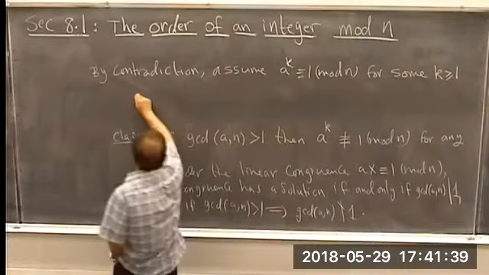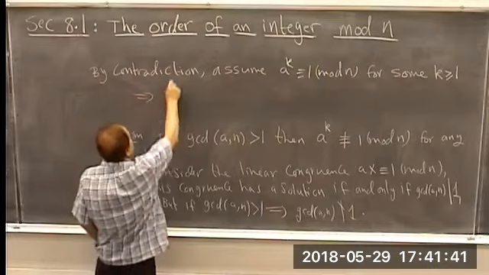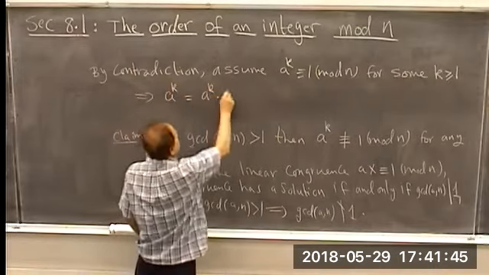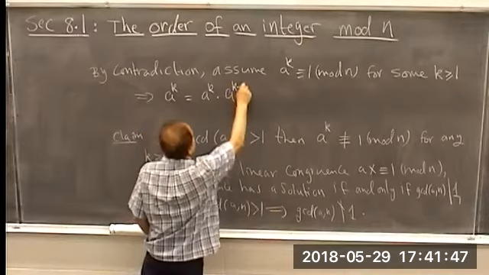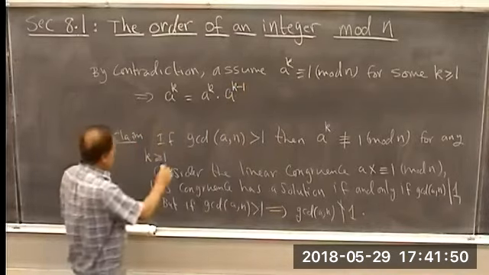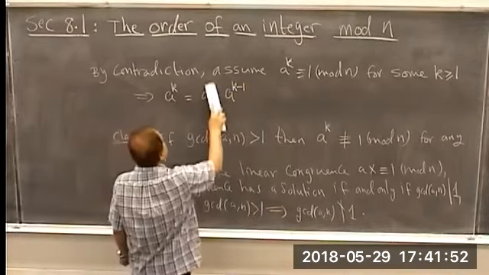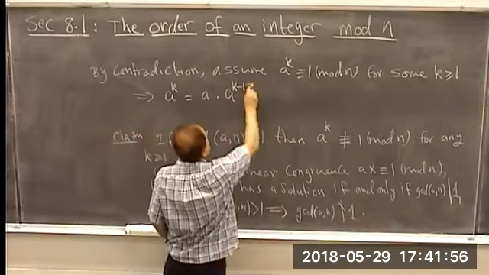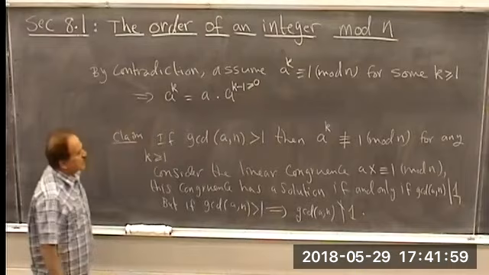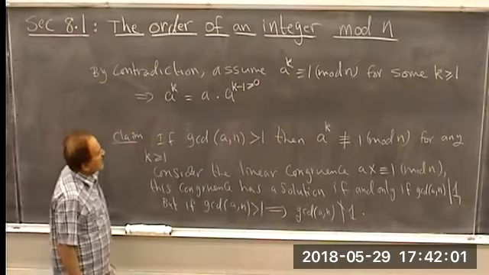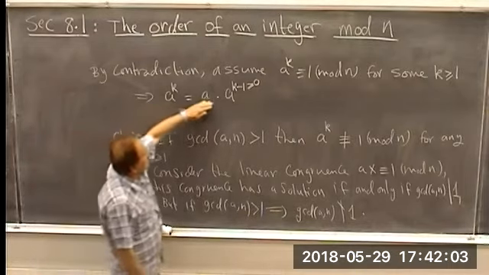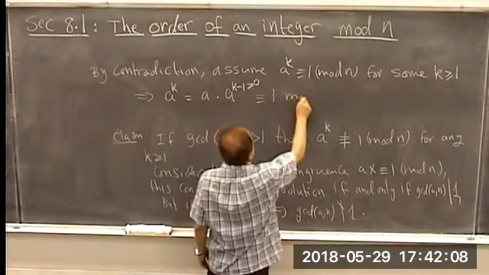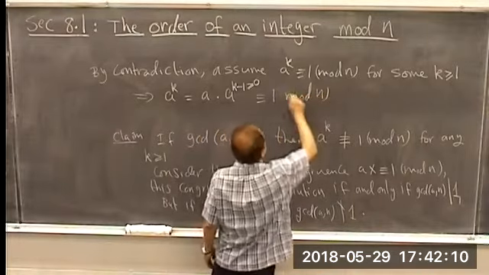This implies that a to the k is equal to a times a to the k minus 1, and this exponent is bigger than or equal to 0, of course. And so we have a to the k, which is equal to this product, and we know this is congruent to 1 mod n. That's our assumption.